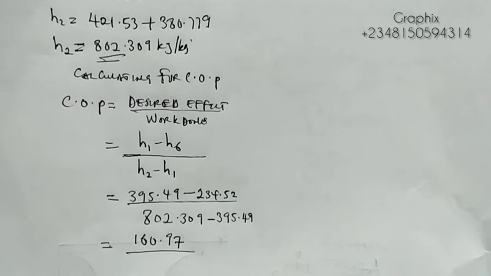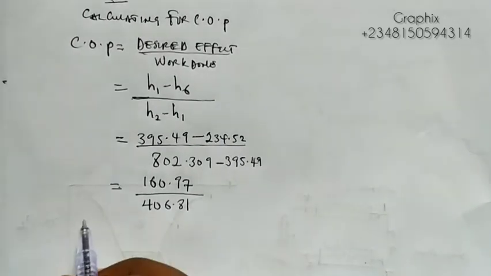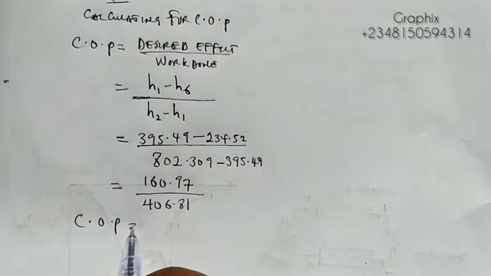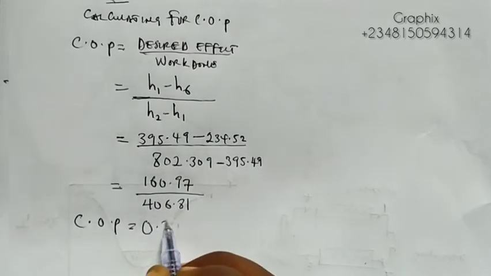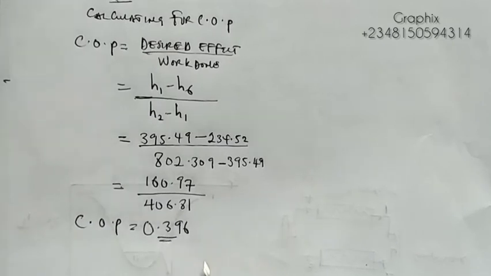That'll give me 406.81. So our COP, coefficient of performance, will now be 160.97 divided by 406.81, and that'll give me 0.396. So this is our calculation.